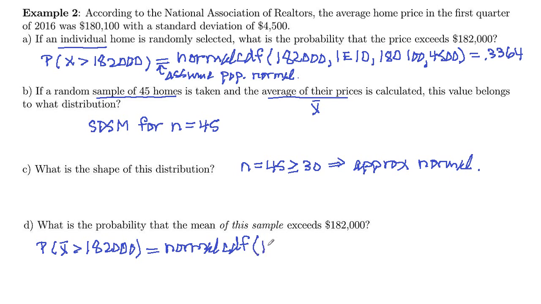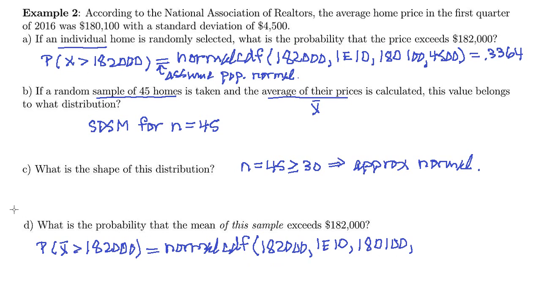Our lower cutoff is the same, 182,000. Our upper cutoff, we'll use the same, 1 times 10 to the 10. Our mean is the same, 180,100. But then our standard deviation changes here.